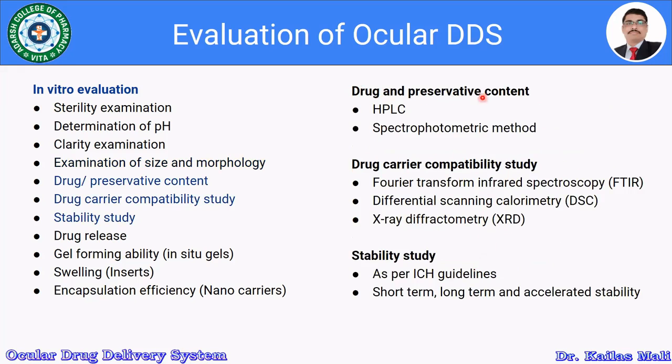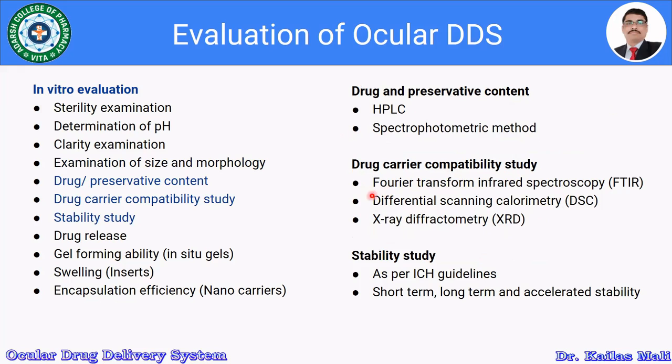Then the drug and preservative content can be measured by using the high performance liquid chromatographic technique and the spectrophotometric method. Then drug carrier compatibility studies are performed by using FTIR, that is Fourier transform infrared spectroscopy, then DSC, that is differential scanning calorimetry, then XRD, that is X-ray diffractometry.